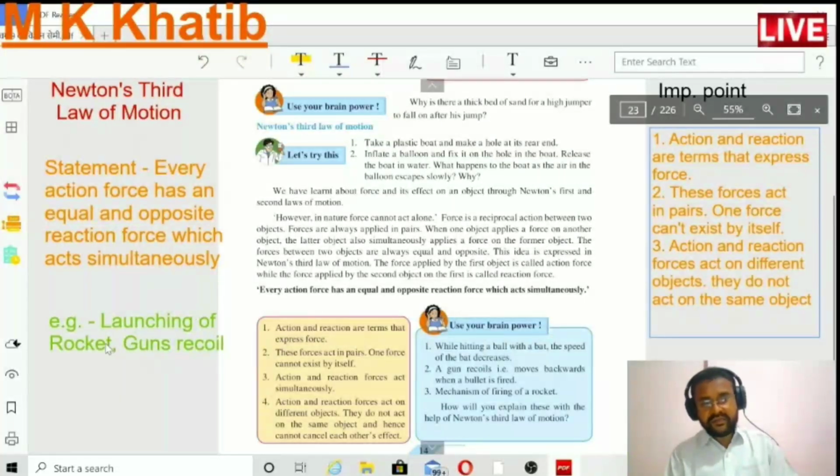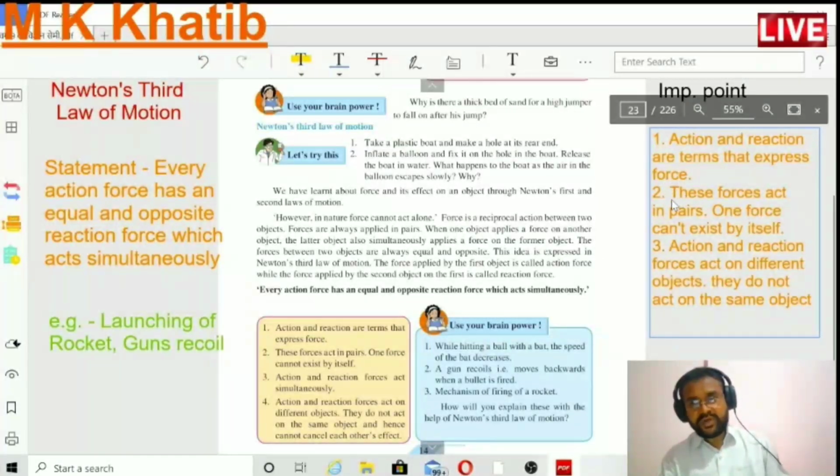Examples of this are the launching of a rocket and gun recoil. There are some important points about action and reaction forces. The first important point is that action and reaction are terms that express the force.